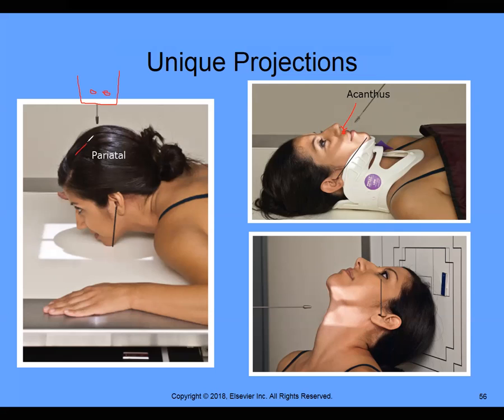Again, the parietals, if I were to grab her skull, there's one here, and then there's one here. That's like the top of the head. And the X-ray is traveling through her head and exiting the acanthial part, or the acanthion. So this projection we're going to call the parietoacanthial projection.